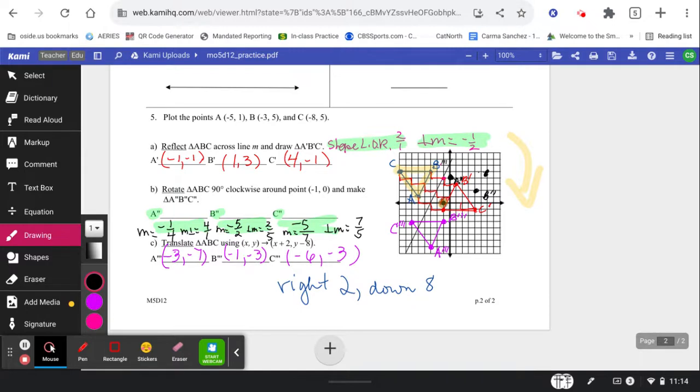Good. And then this one, A goes down 1, right 1, 2, 3, 4. Good. And then B goes... and connect it.